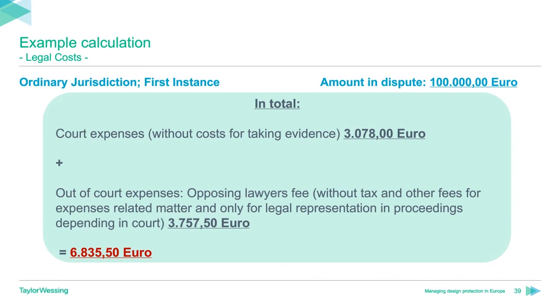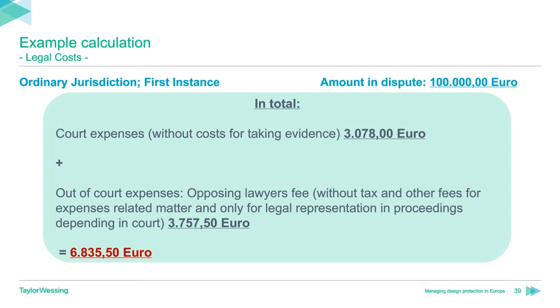So I give you a short example. If you are in ordinary jurisdictions, first instance case, and you have an amount in dispute of an estimated €100,000, the court costs, without costs for taking evidence, will be, in the first instance, €3,078. Plus out-of-court expenses for the other party, if their position prevails, which is the opposing lawyer's fees, without tax and other fees.